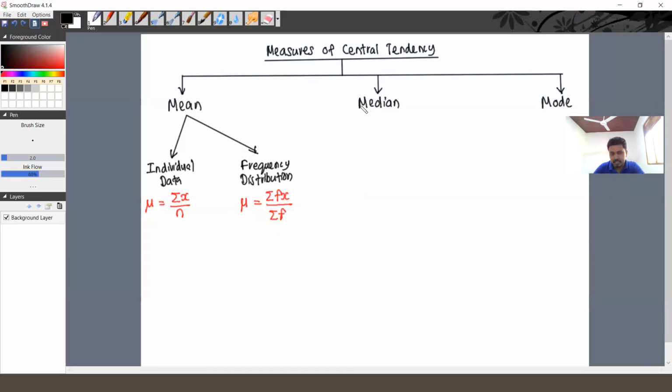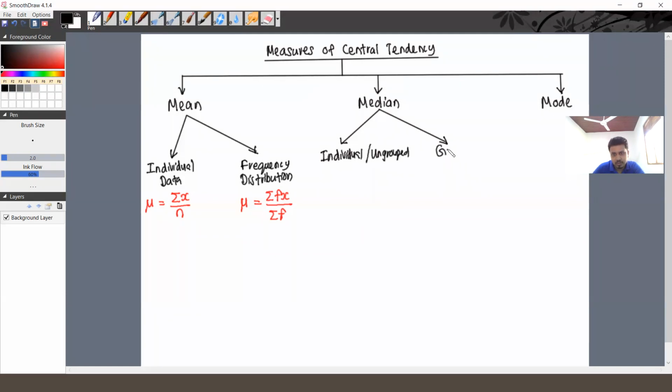Then median. Median of an individual data set as well as ungrouped data.